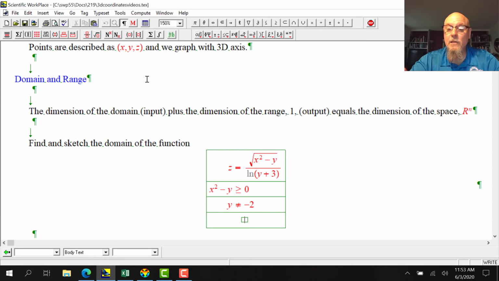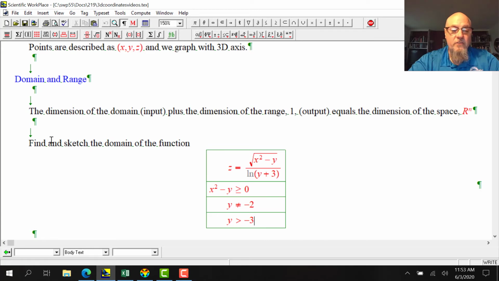Also, you can't take the ln of 0 or a negative number, so y has to be strictly bigger than negative 3. So these are the three things that all have to be true. Anything that satisfies all three requirements is in the domain.